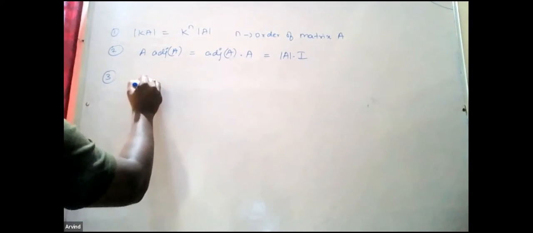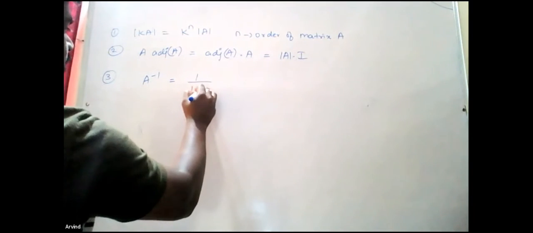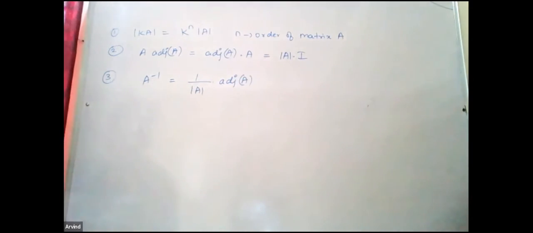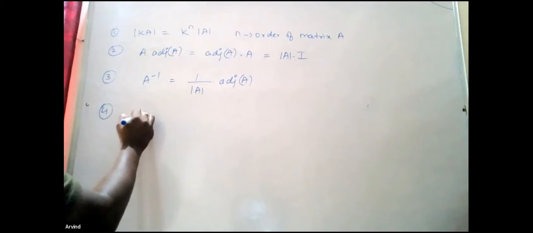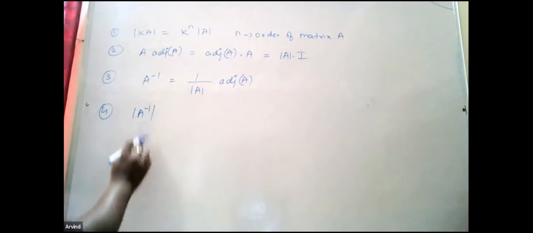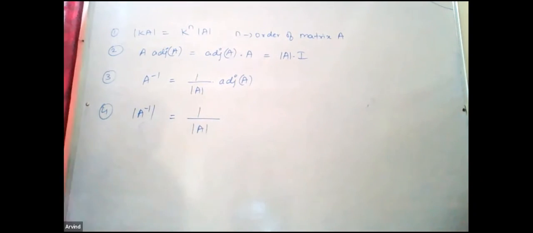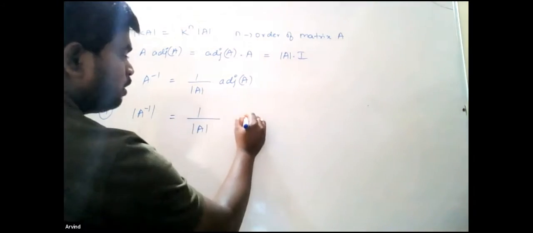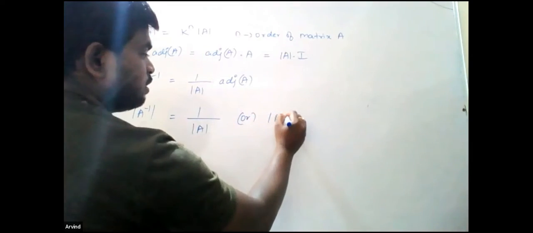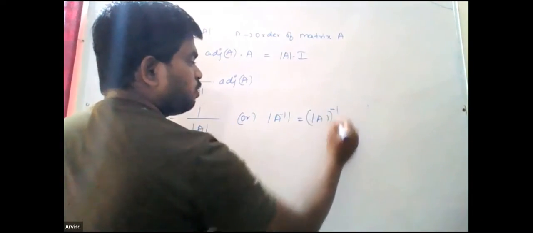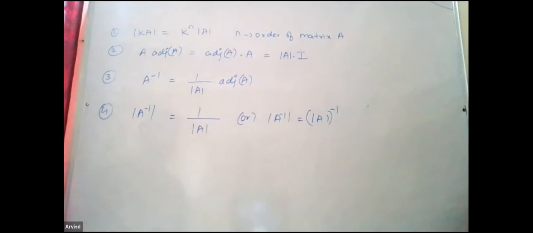First of all, what is the formula for A inverse? 1 divided by determinant of A into adjoint of A. Now, if they ask you what is the determinant of A inverse, it is simply 1 divided by determinant of A, or it can also be written as determinant A to the power minus 1. Both are one and the same. Okay, these are important points.